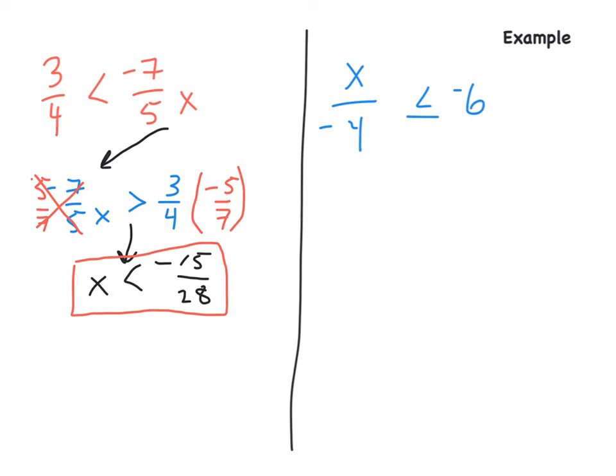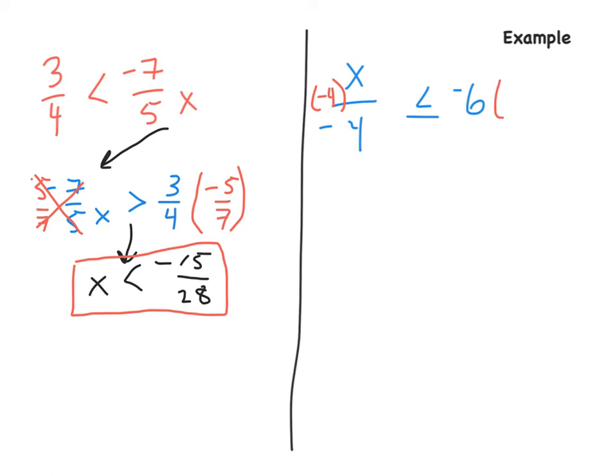Okay, now we have x divided by a negative 4 is less than or equal to a negative 6. Now remember, this is divided by. To get x by itself, you must do the opposite of divided by, which is multiply by negative 4.